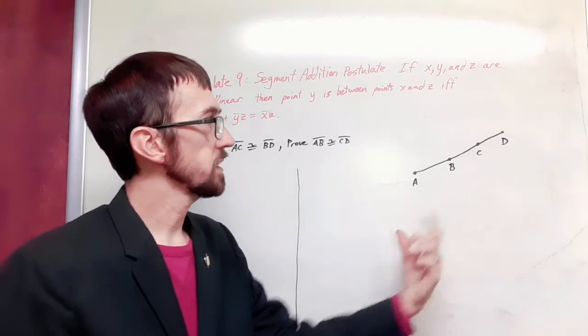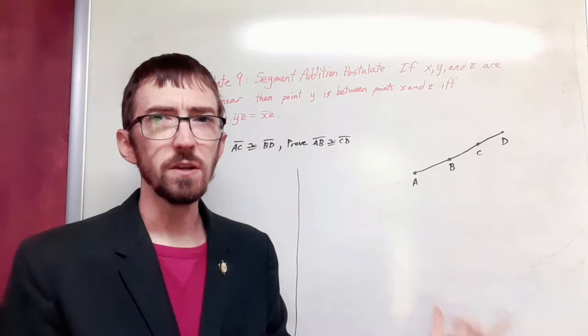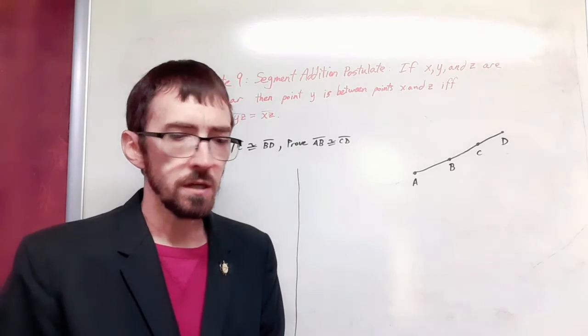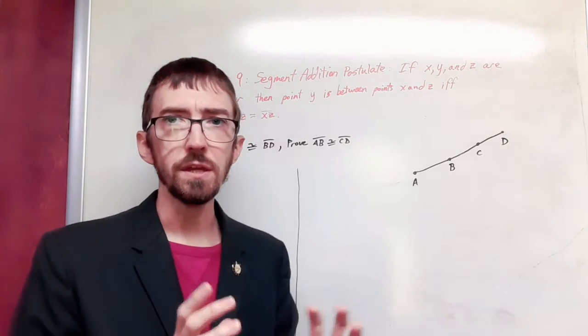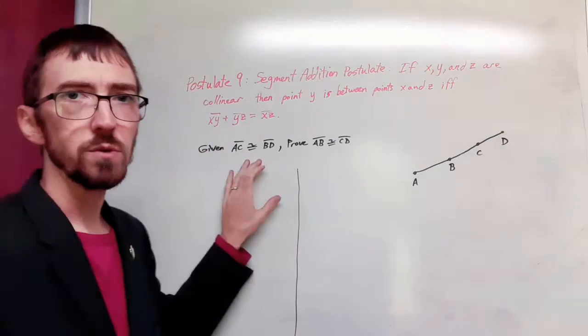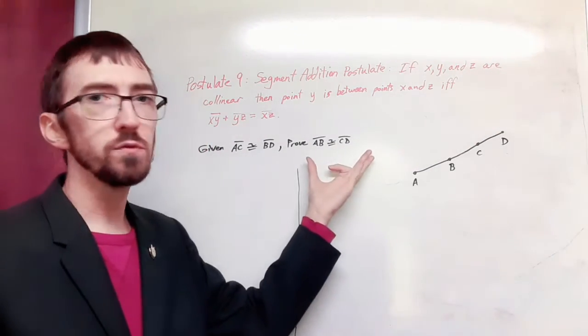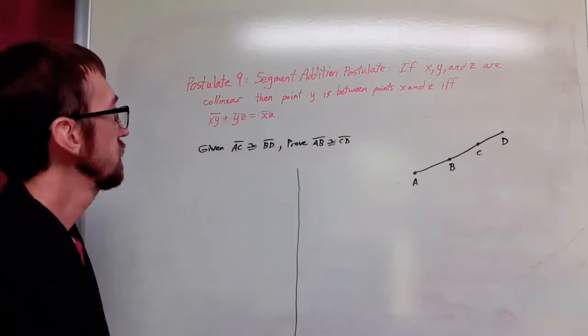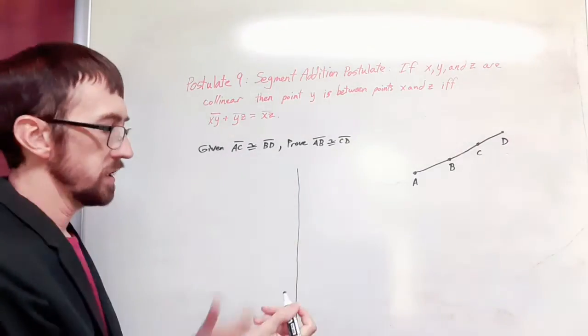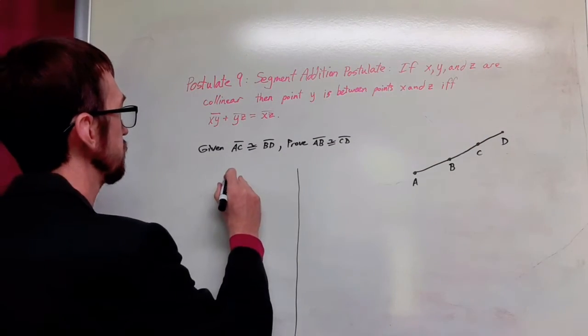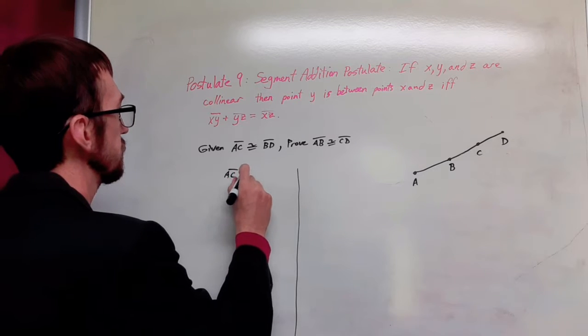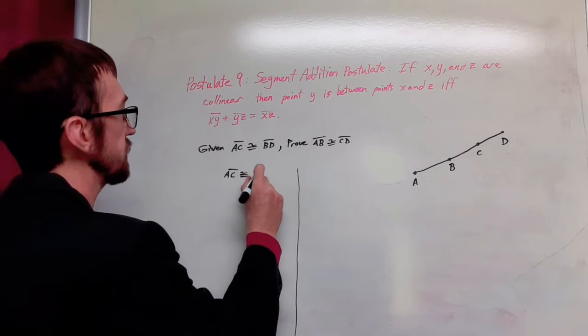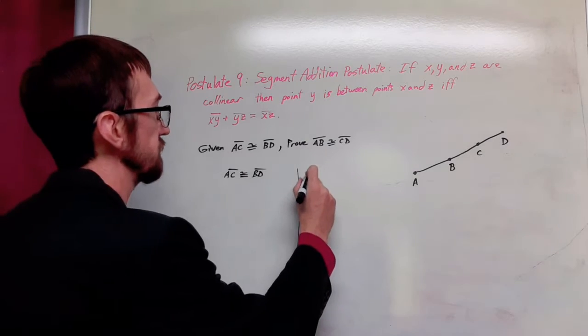So this is my diagram. It's probably a fairly decent diagram, but we don't want to assume lengths other than the ones that were given and then work towards proving these other lengths. So right away, the first line of our two-column proof is going to be the given that AC and BD are congruent segments.